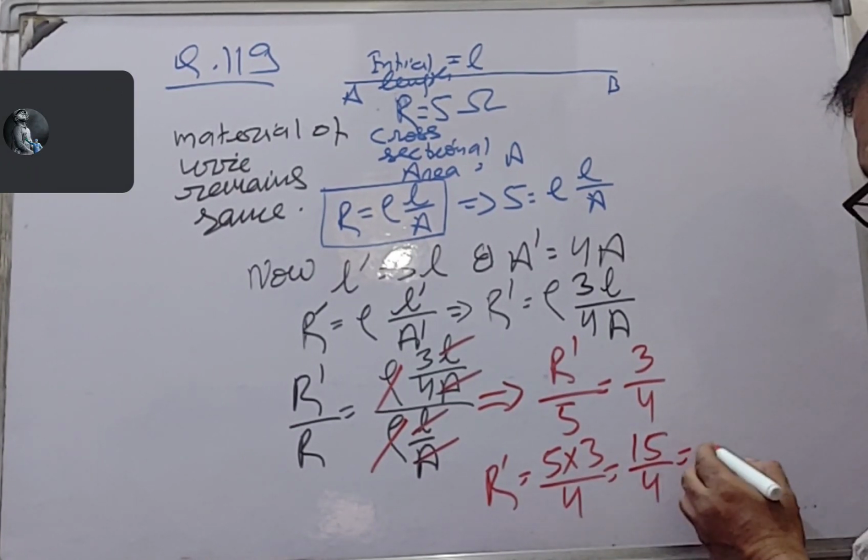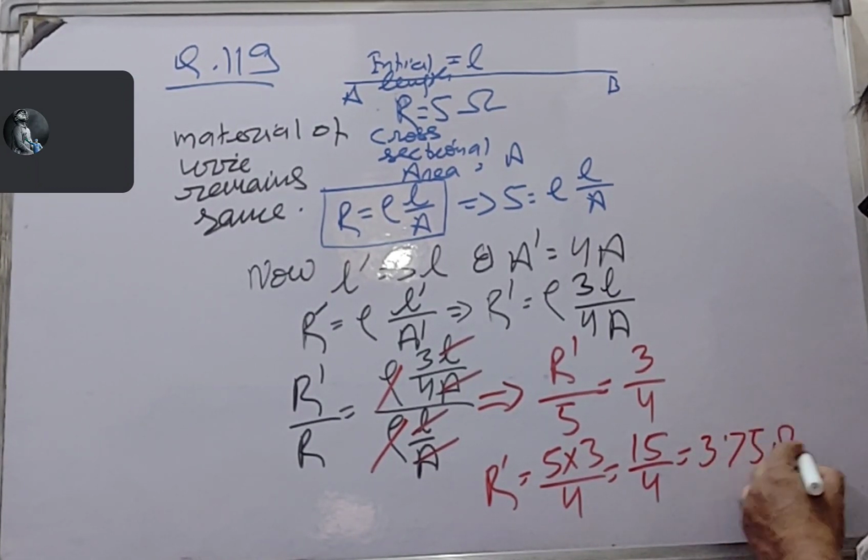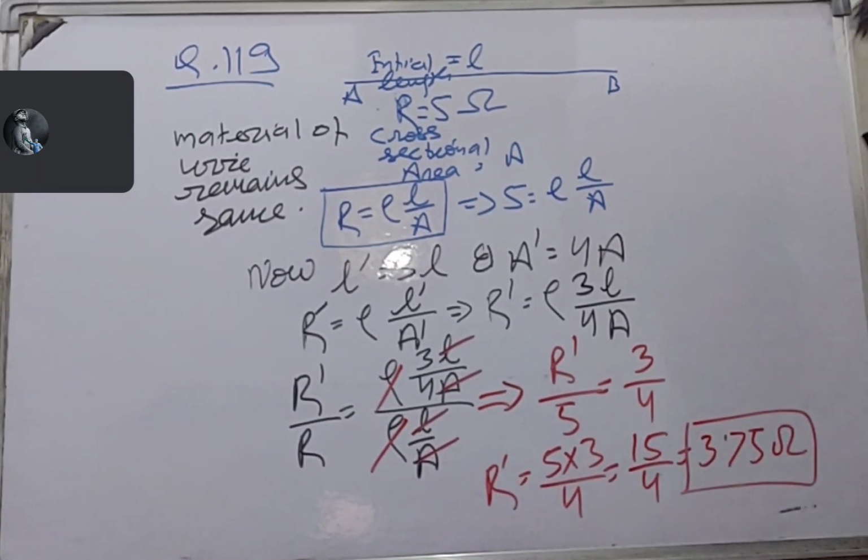So 4 3s are 12, 4 7s are 28, 4 5s are 20. So the resistance of the wire becomes 3.75 ohm. It gets reduced, right? Length increased and cross sectional area increased.